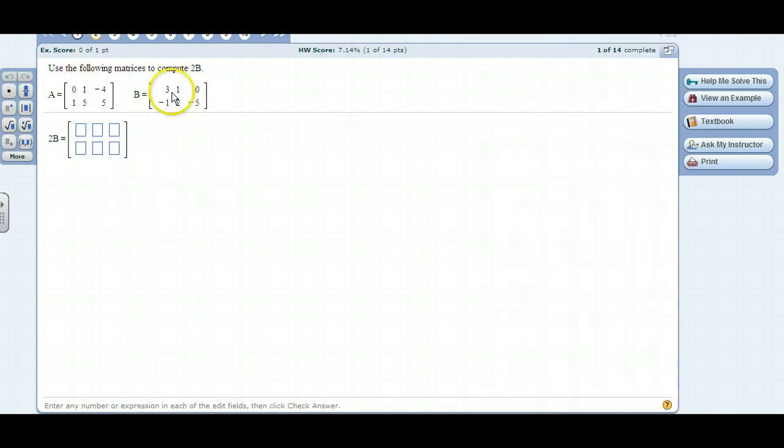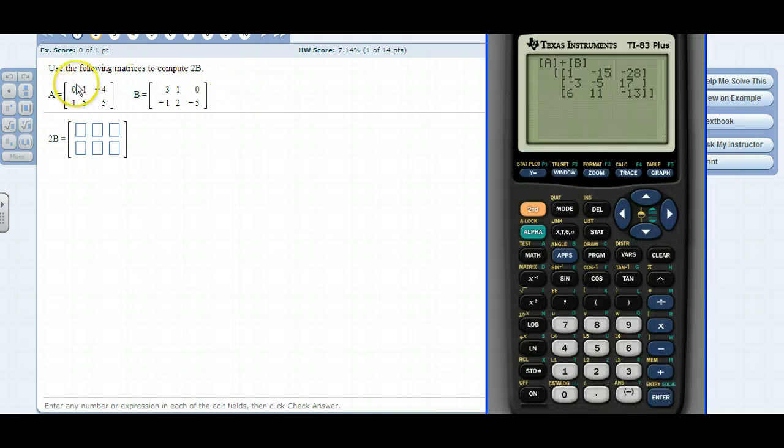Alright, for something like this, I want you to do 2B. So A is not being used here at all. Again, you can go into the matrix menu, you can go down here and edit matrix B. This is 2 rows, 3 in each row, so this is a 2 by 3 this time.